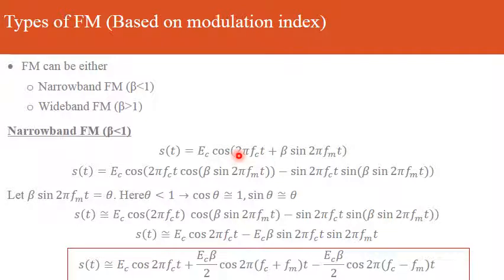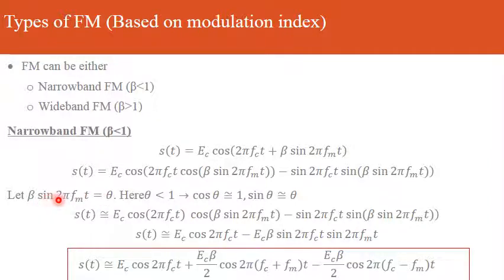So cos(2π fc t + β sin 2π fm t) can be written with the help of this formula as Ec cos 2π fc t into cos(β sin 2π fm t) minus sin 2π fc t into sin(β sin 2π fm t).